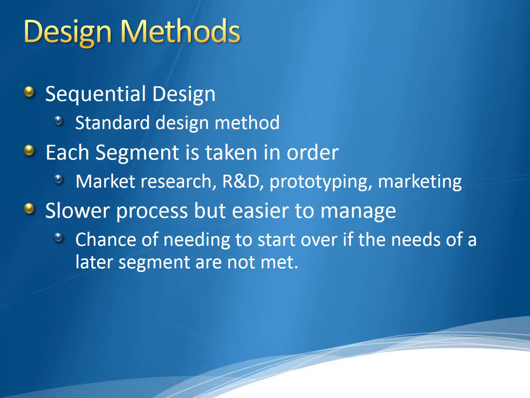Obviously, the steps can be different, but the general idea is that each step has to happen before the next step can occur down the line. Overall, this is a slower process because each step has to wait for the previous step to begin. But the quality that it brings ends up being higher.